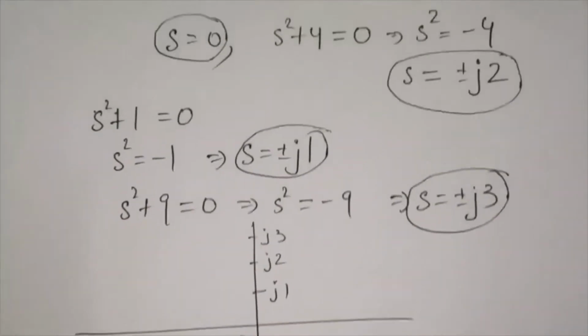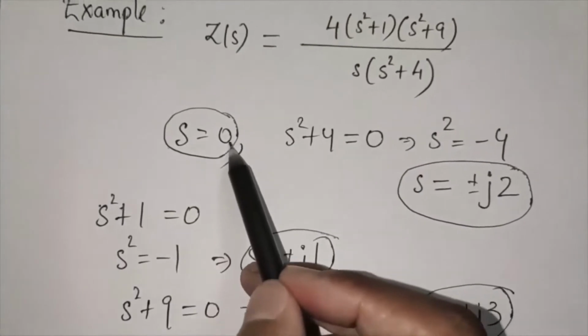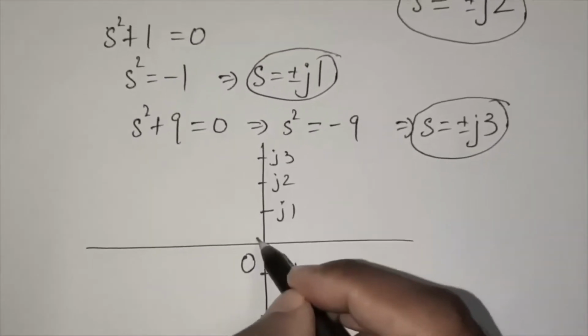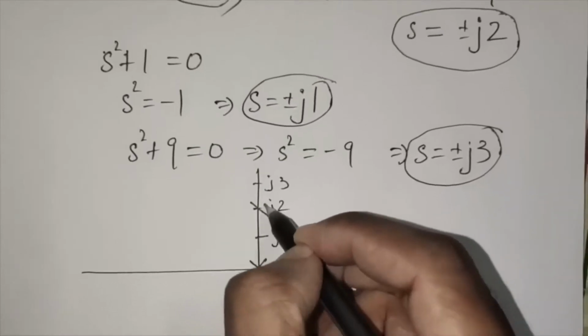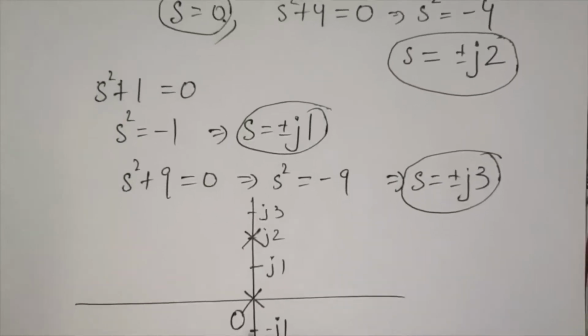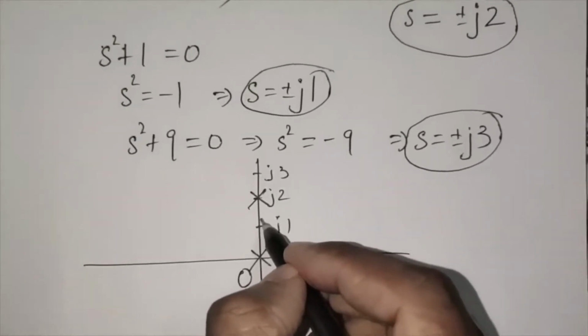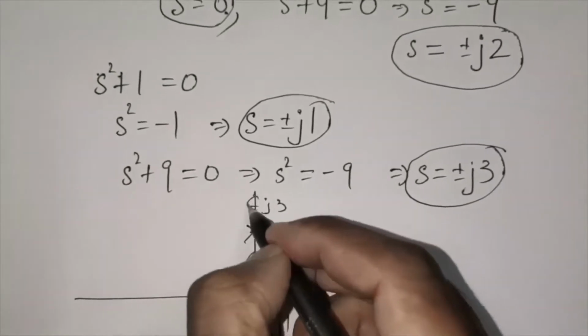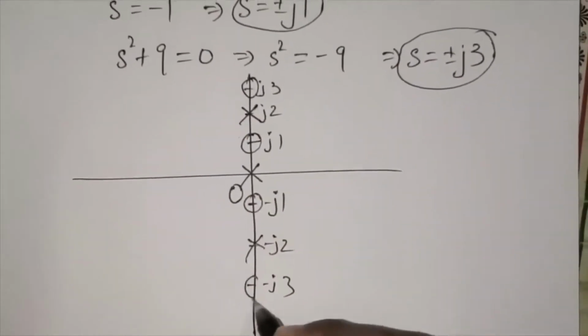So you can see poles are 0 and plus or minus J2, so plus J2 and minus J2. Zeros are at plus or minus J1, and plus J3 and minus J3.